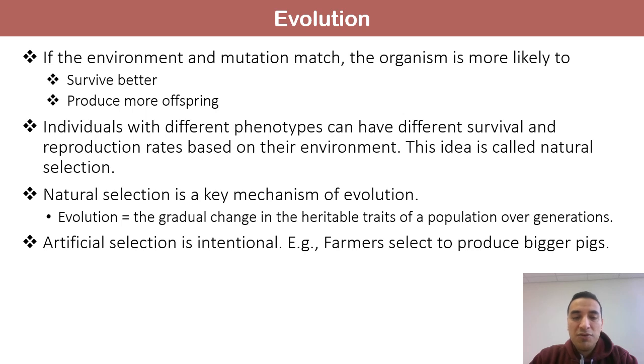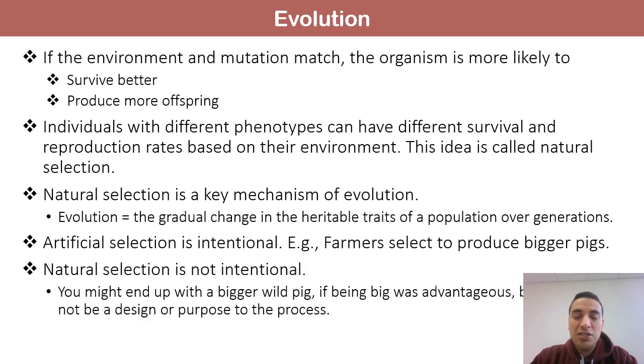So artificial selection is of course intentional, natural selection is not. That is why we can end up with something that may not really be beneficial, but it just happens because it is not intentional. So you might end up with a bigger wild pig if being big was advantageous, but there's no design or purpose to it.